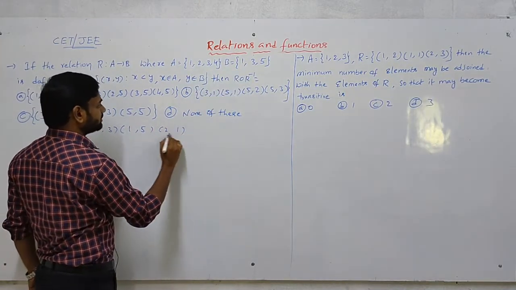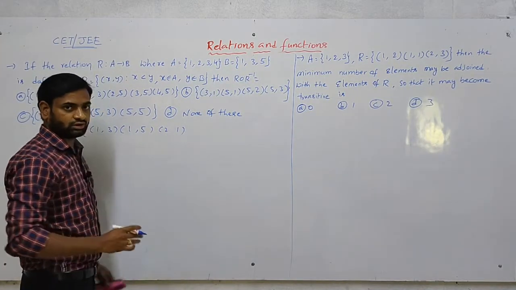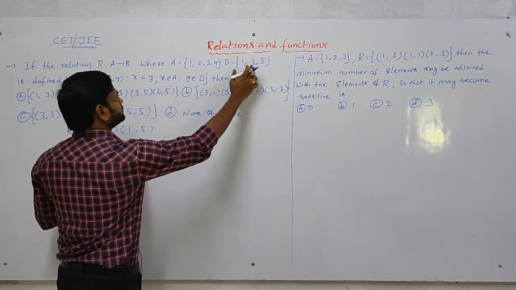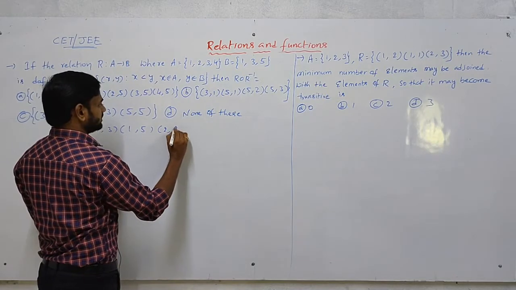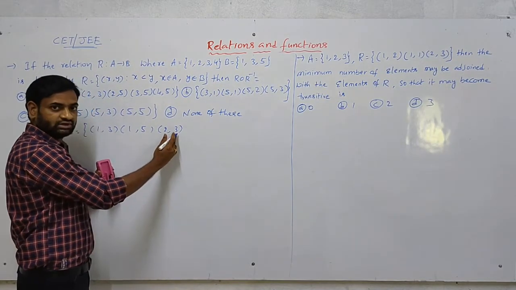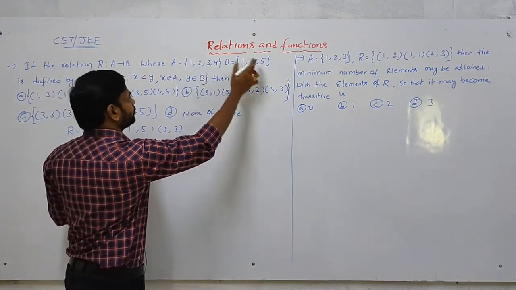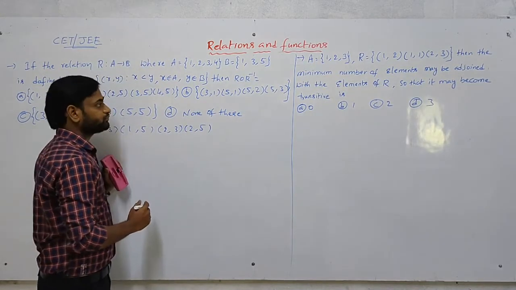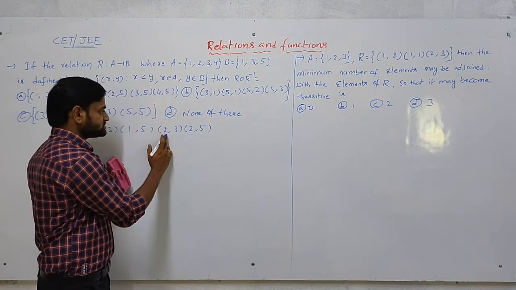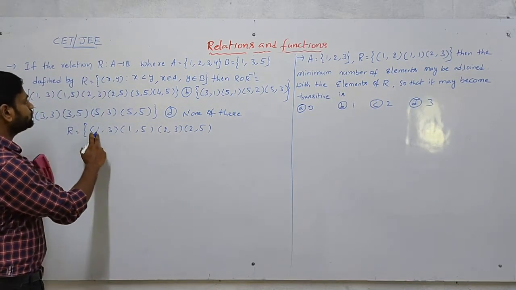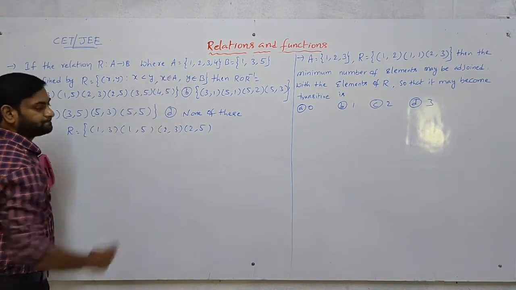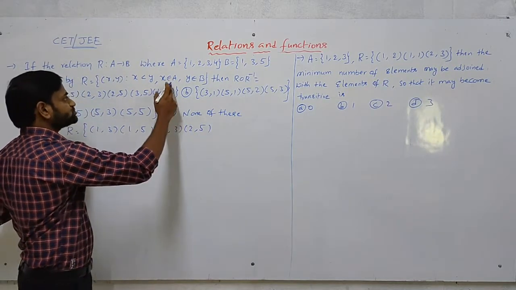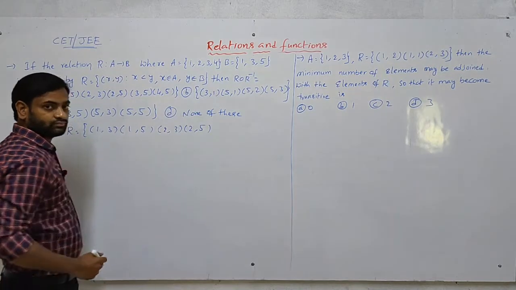If I write 2 comma 1, is 2 less than 1? Wrong. I'm not writing it. 2 comma 3. Yes, 2 is less than 3. Correct. Next, 2, 5. Yes, correct. 2 is less than 5. Because the first elements all belong to capital A, and the second elements belong to B.